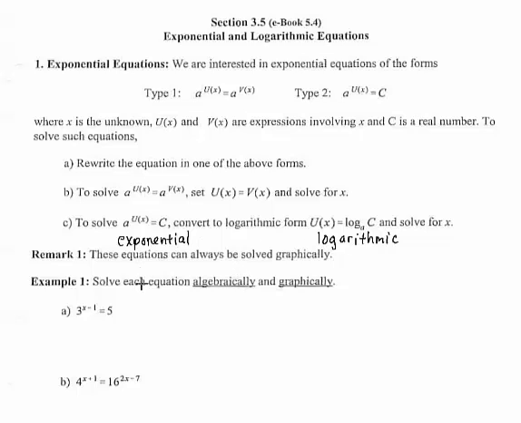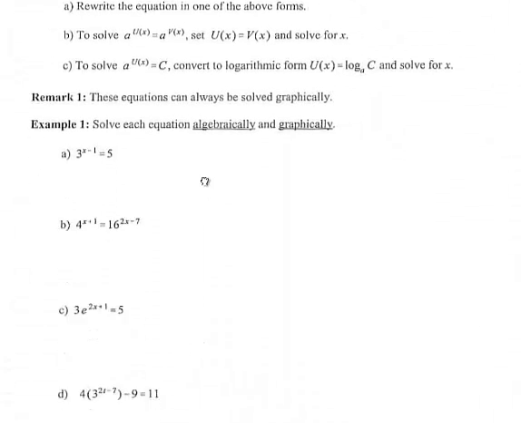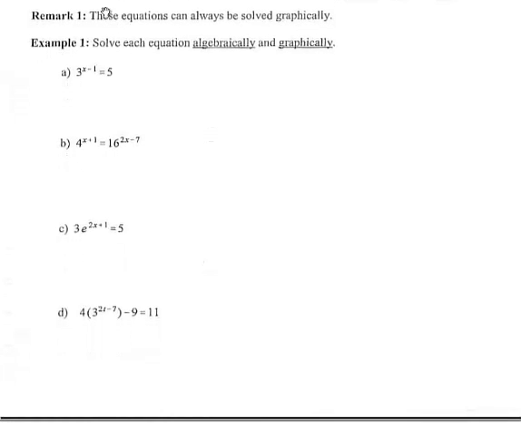So with example 1, and remember the remark, a good way to double check your solution: you can always solve these equations graphically. And so with example 1, that's what we'll do.